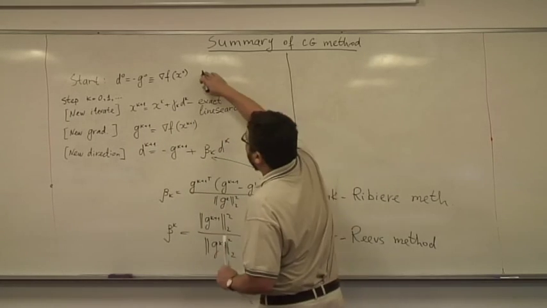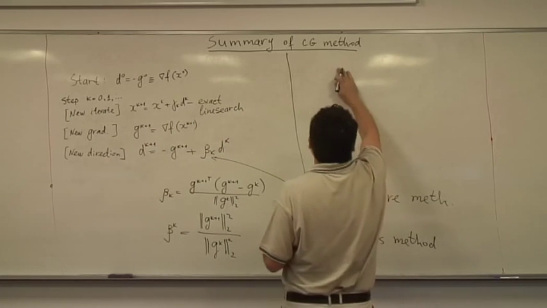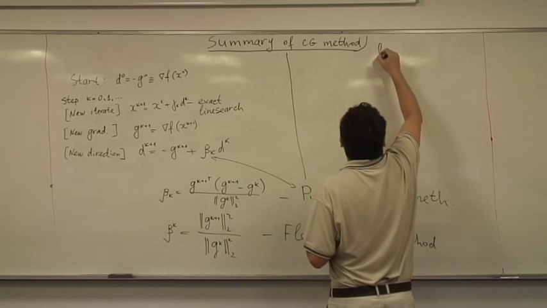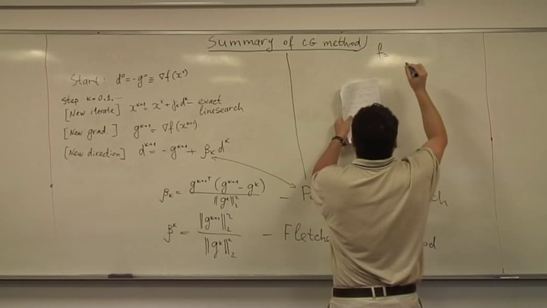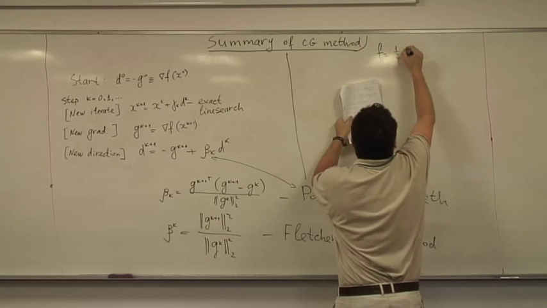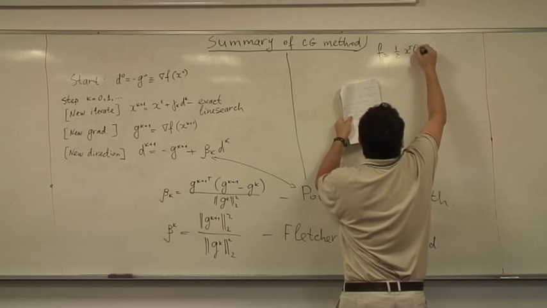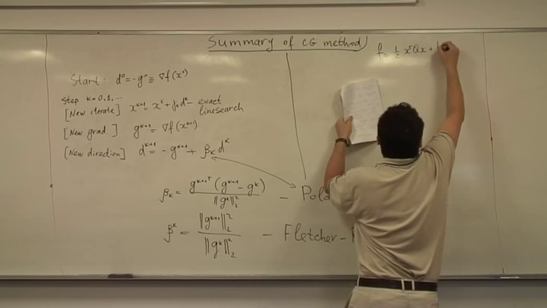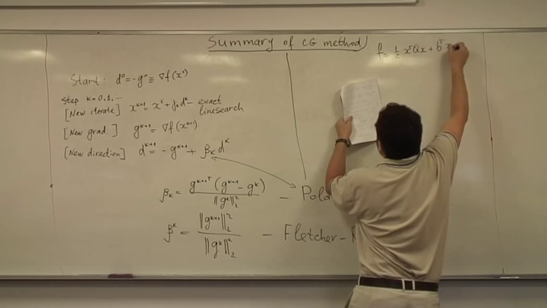So let's do in parallel what happens for the quadratic function f equal to 1/2 x transpose Qx plus b transpose x.